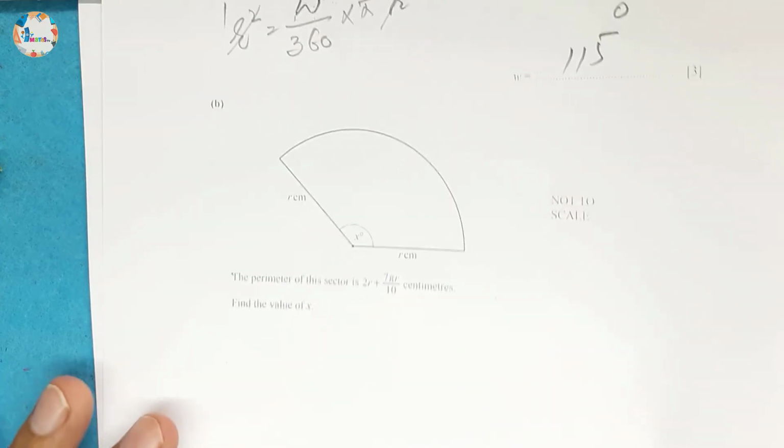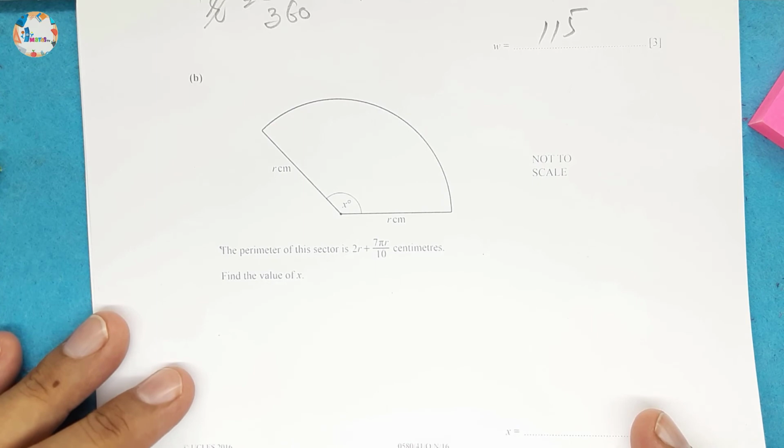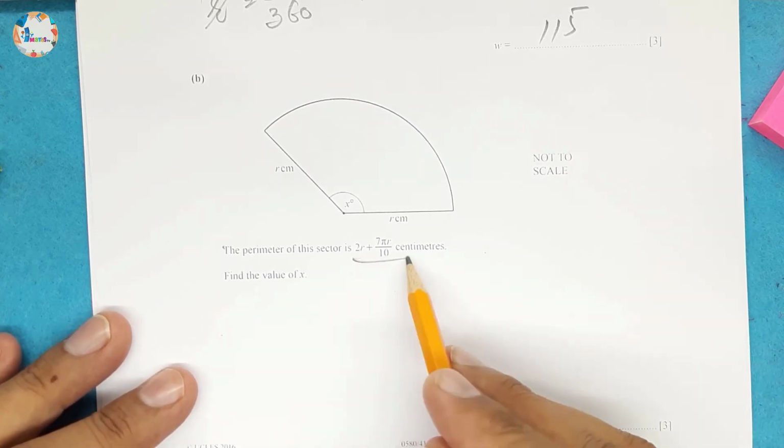Then B part, the same sector they have provided. The perimeter of this sector is this many centimeters.